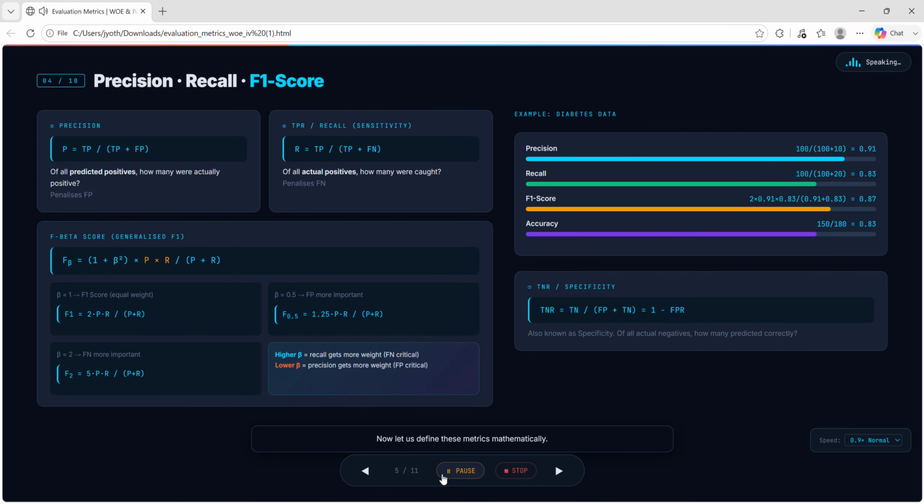When beta equals 2, false negatives are penalized more, useful for medical cases. In our diabetes example, precision is 91%, recall is 83%, and F1 is 87%. Specificity, or true negative rate, equals TN divided by FP plus TN, also equal to 1 minus FPR.